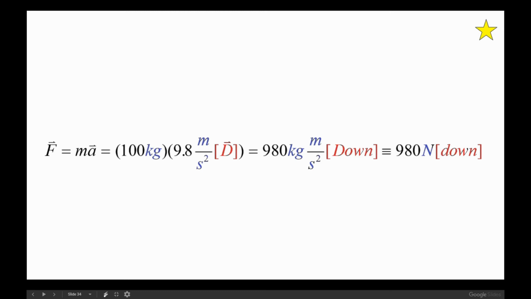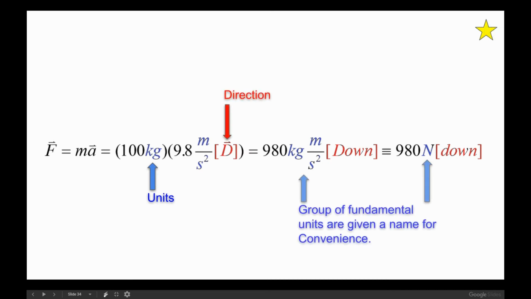We'll look at the formula one more time so you can see this mess here. We have units, we have a direction, we can group the fundamental units into a derived unit called a newton. And I'm reminding you again, the triple bar equal sign means it's an identity, an equivalence, or a definition.